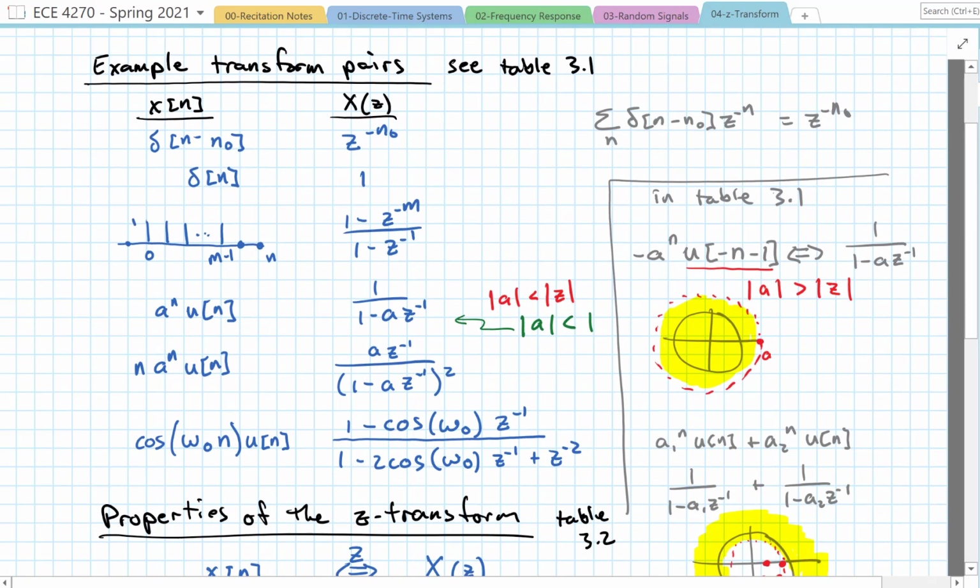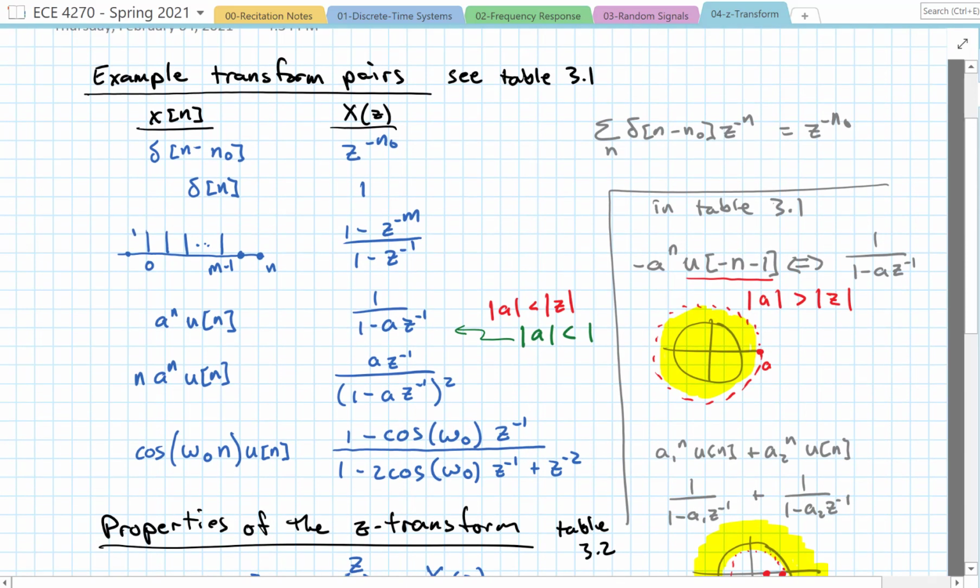Now, signals that are infinitely long in both directions generally won't converge if you try to take the Z-transform. So it's very common to see signals of the type like this, where we multiply by u of n in the process.